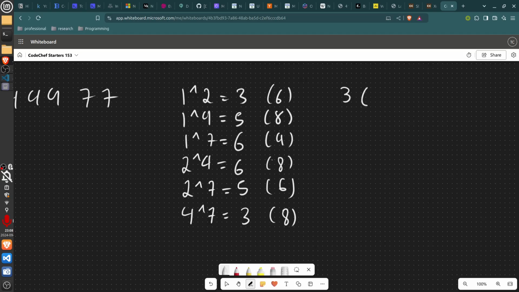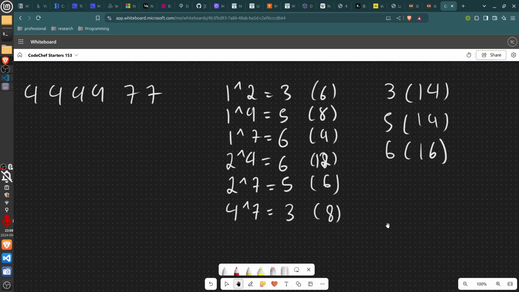How many XORs of 3 are there? Well, there's 6 plus 8, which is 14. How many ways are there to get XOR 5? There's 14. How many ways to get 6? Oh wait, this is 12, wasn't it? Yeah, there's 16. So there are that many ways to get those XOR values.